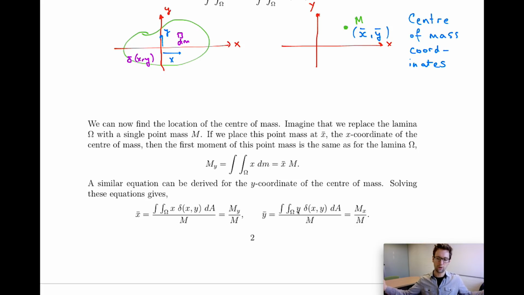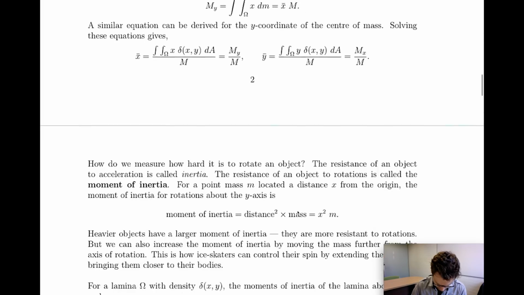If all of the mass is located far away from the center, it's much more difficult to rotate that object. Just in the same way that an ice skater can change their rate of rotation by pulling their arms in, they're basically reducing their moment of inertia, or extending their arms out, they're increasing their moment of inertia. So they're increasing or decreasing their resistance to rotation. So what quantifies that is exactly the moment of inertia.